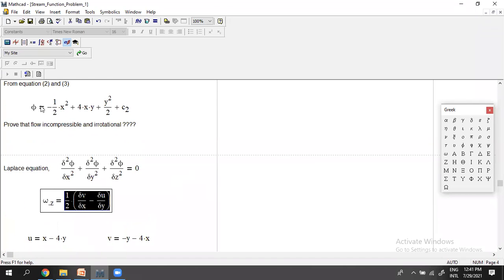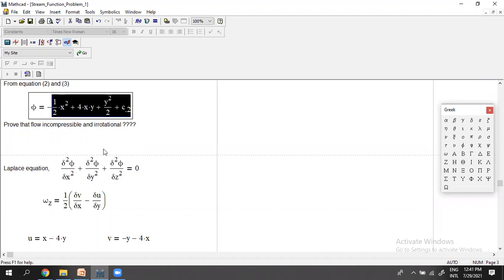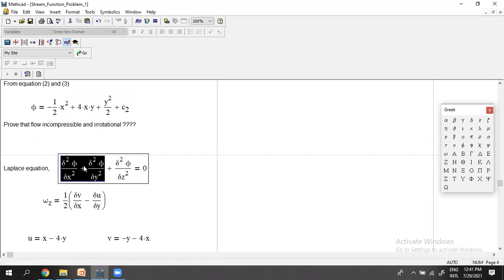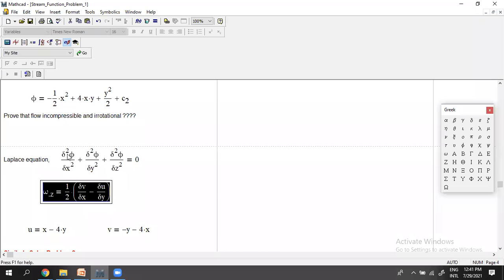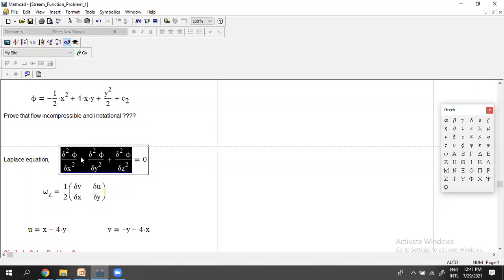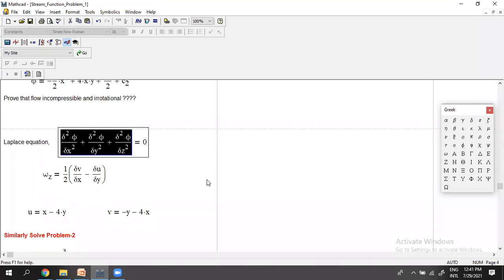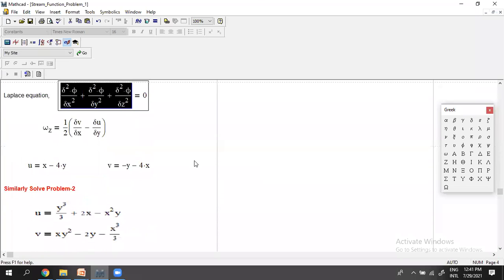Similarly, you figure out the phi, del phi by del x, then del squared phi by del x squared. You see what is the value coming. So you put all the values over here, it is coming 0, that means it satisfies the Laplace equation. So the flow is incompressible and has no rotation. If it satisfies this one, and this one, it represents flow that is incompressible and also irrotational.